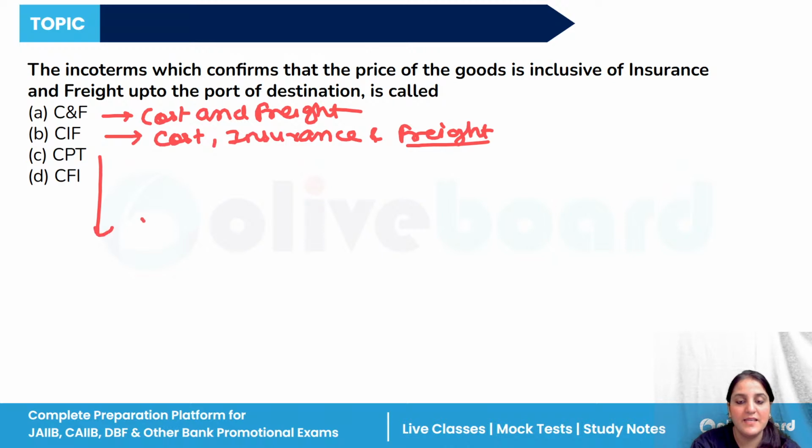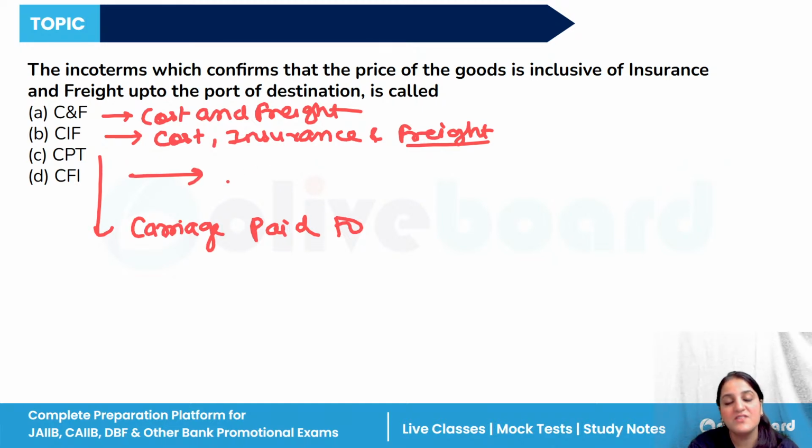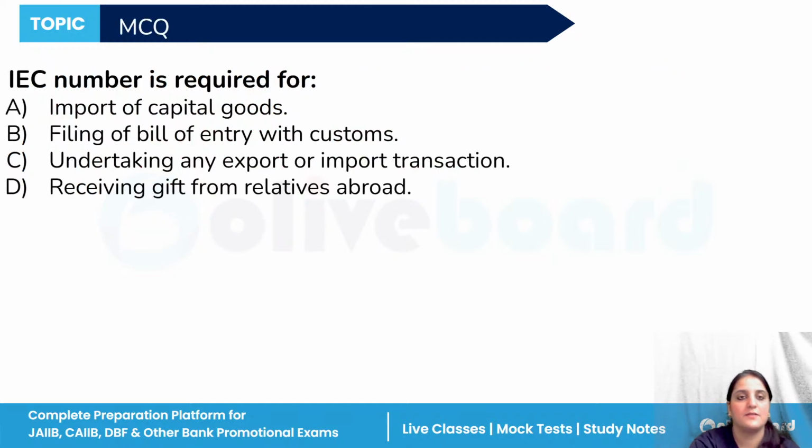CPT is carriage paid to, and CFI is not a recognized Incoterm. So here the correct answer is CIF. Okay, very good, Anita ma'am and Mukesh sir, Subodh sir. CIF is the correct answer.